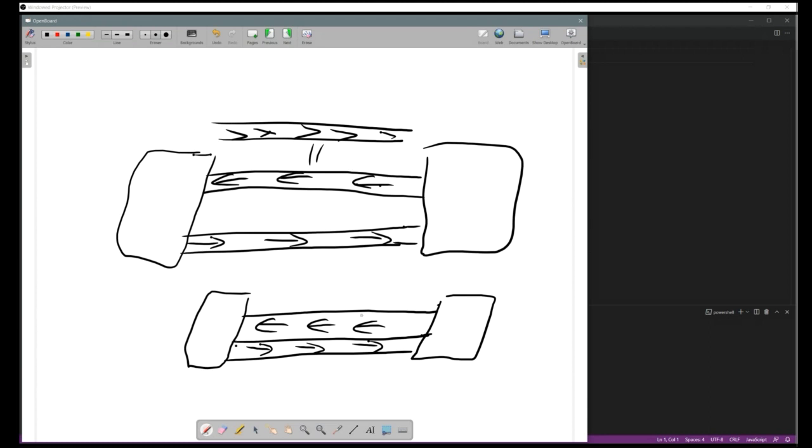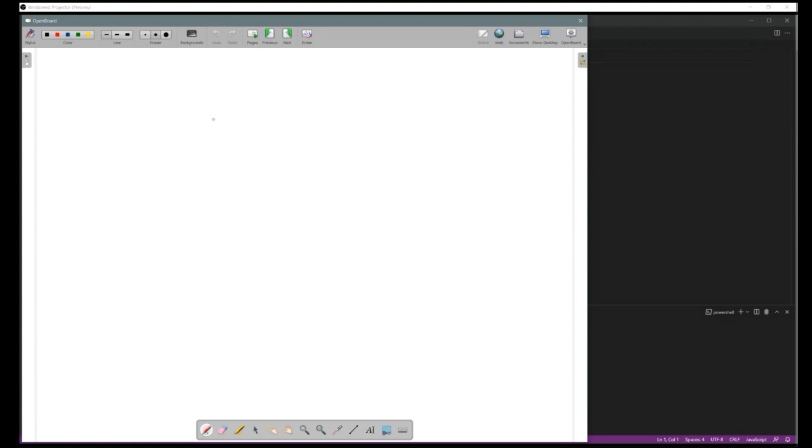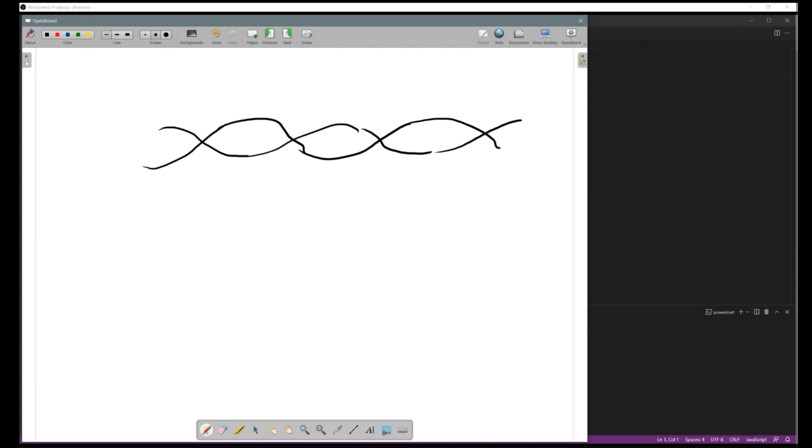And so we can use that to our advantage, in that the actual cables that we use for copper look more like this. They look like strands of DNA. This is called a twisted pair.